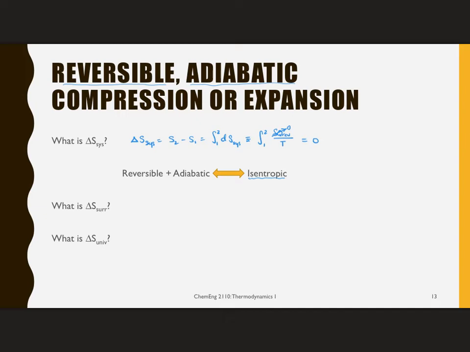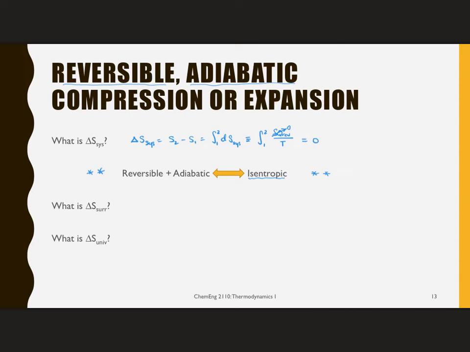So this is going to be something that may not look too significant now, but it's going to be a very useful fact to remember. Whenever you see reversible and adiabatic, it is isentropic. And any 2 of these words actually imply the third. So if you had reversible and isentropic, it would have had to be adiabatic, etc.